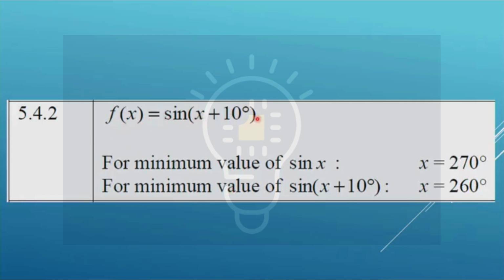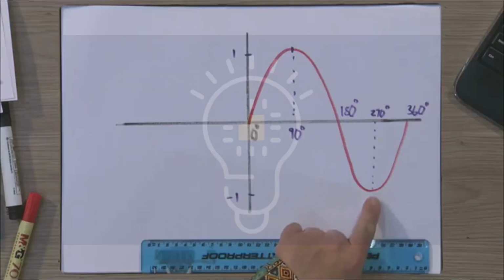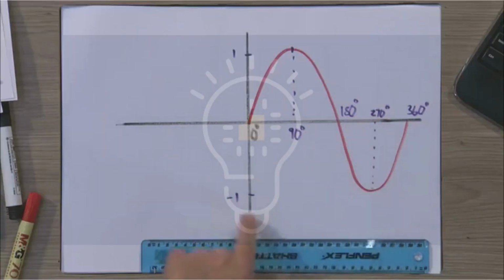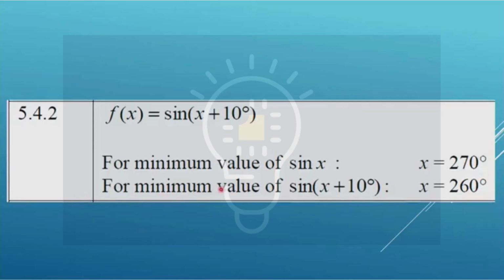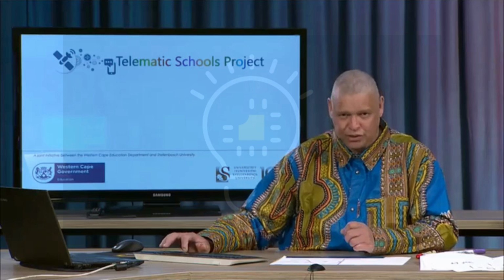For the minimum value of sine x, x is equal to 270 degrees. Therefore, for the minimum value, if we take the 10 over, it's going to be negative. So 270 degrees minus 10 degrees, x will be 260 degrees. That is our solution.